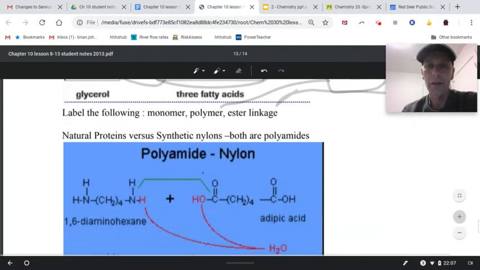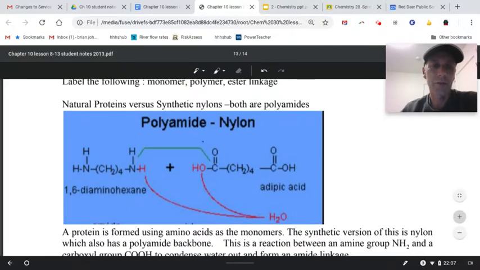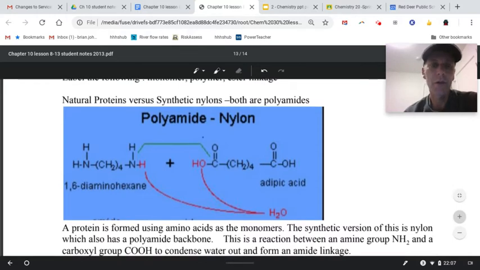Okay, another example in nature is proteins. So you guys are made of proteins using amino acids. And the term amino acid, all our biology people, you took AP Bio too. So an amino acid is made up of an amine group and a carboxylic acid.